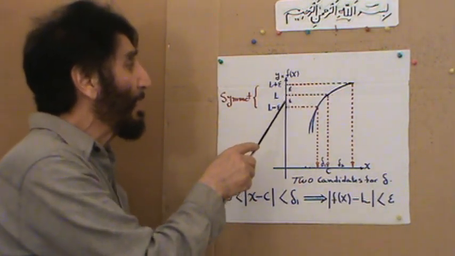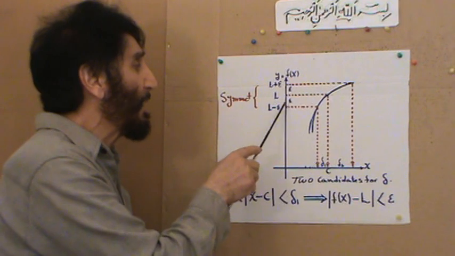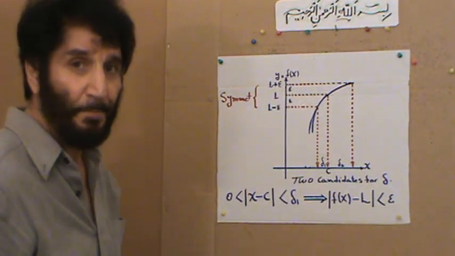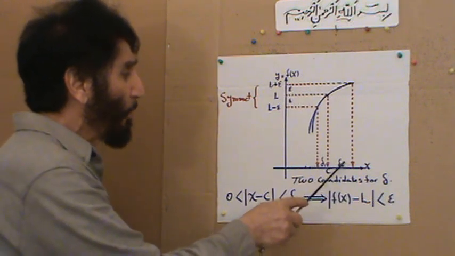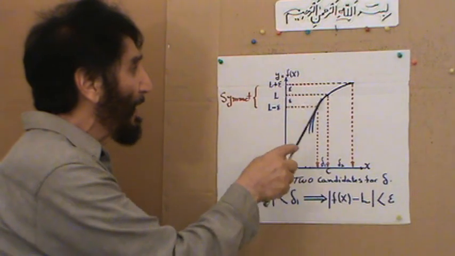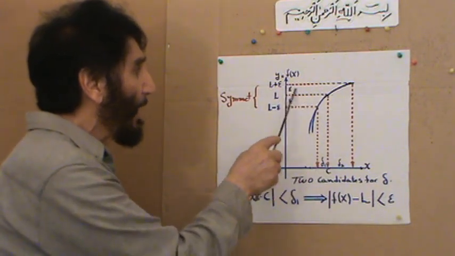Within this L plus epsilon, L minus epsilon interval. But look at that. I have no problem here, because it's a reflection from that. Everything I take here will land here. You see that? Land here.